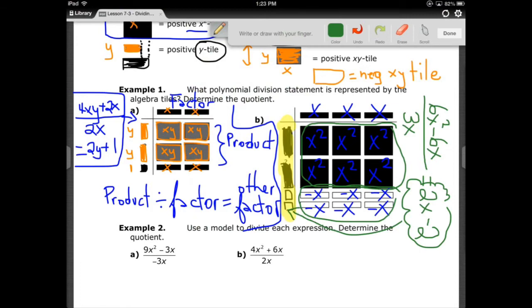Okay. Now that is the model. Again, it's what we refer to as the area model way of solving this, and it works really well. You can put very complex expressions up, and as long as you use the tiles correctly and you figure out one of the missing sides, what you've done is polynomial division.